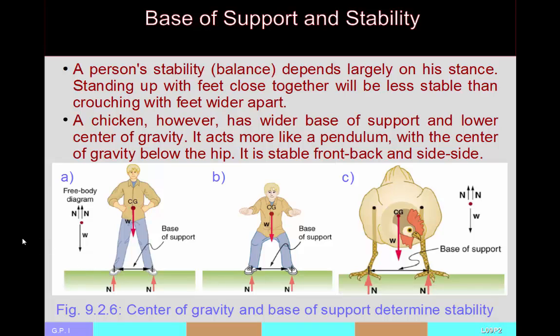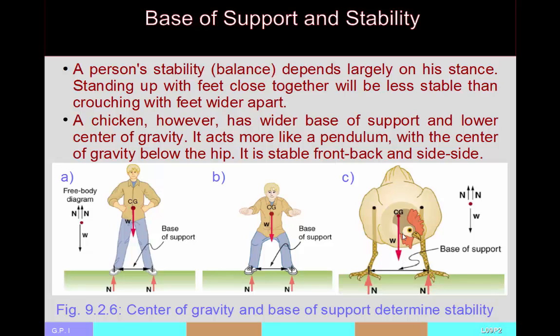Oddly enough, if you look at other animals, like say a chicken, then this may be a little bit different. The chicken, for example, has a center of gravity that's actually lower than the base of support, if you count the base of support to be its two thigh bones.